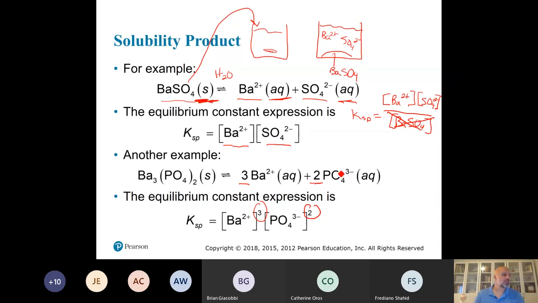This is going back to when we first started talking about Kc, our equilibrium constant expression, where we needed to take into account the stoichiometry. We've been working for quite some time with just acid base, and it's always one acid reacts with one base. We haven't had to use our exponents in quite a while, so we need to go back and remember that we're using our exponents again.